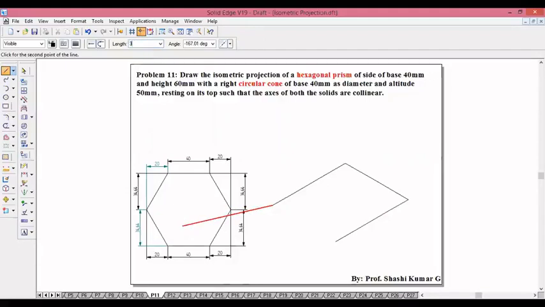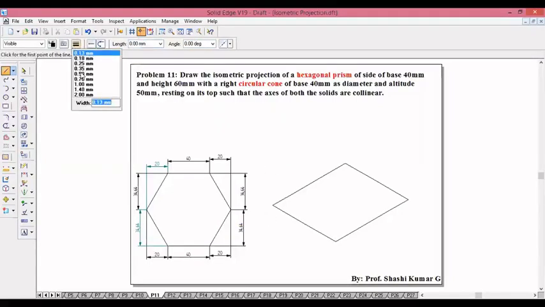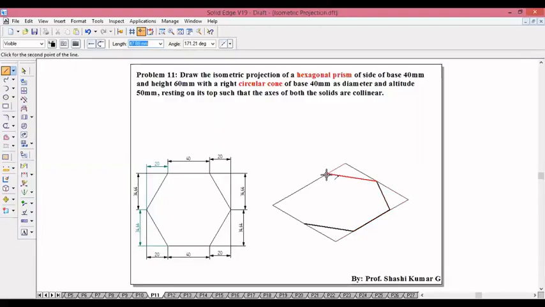Then we have 34.64 at minus 30 degrees. Once you obtain this, find the endpoints of these by selecting them, and you will get the required hexagon.